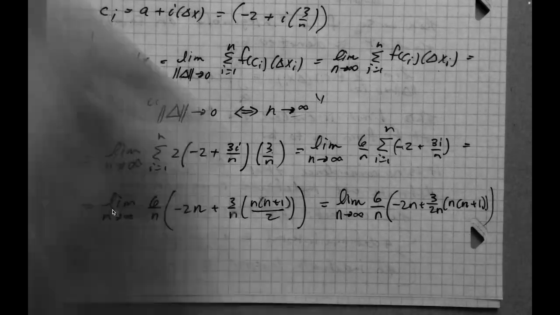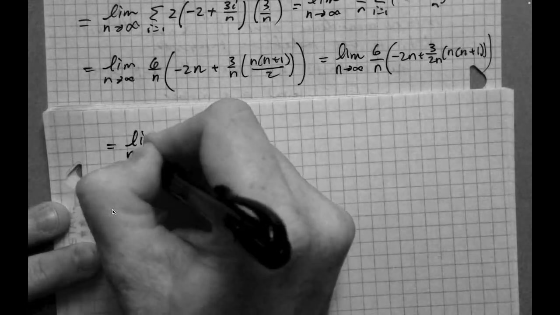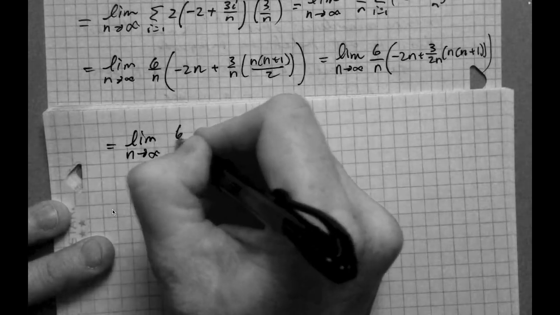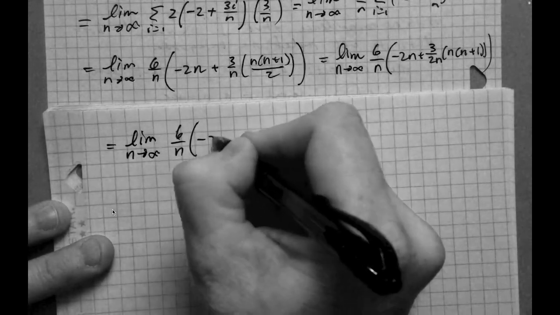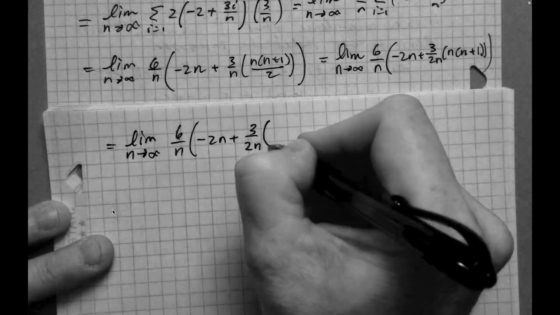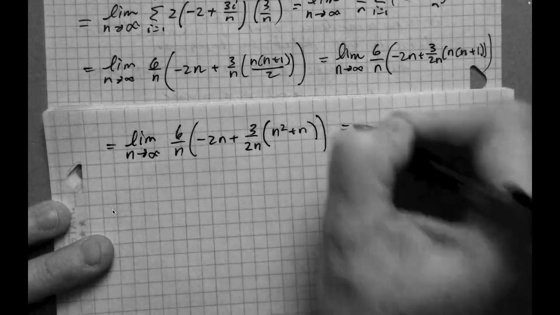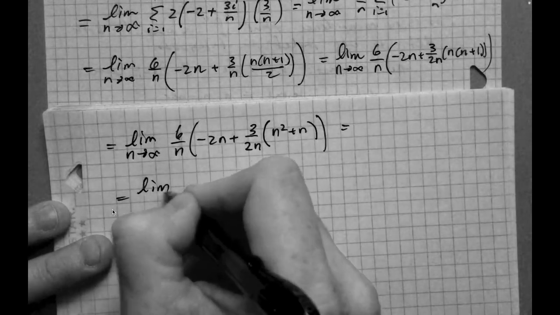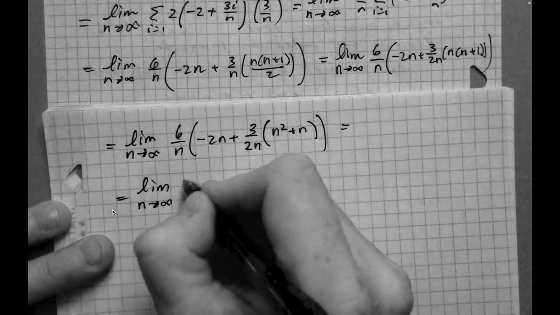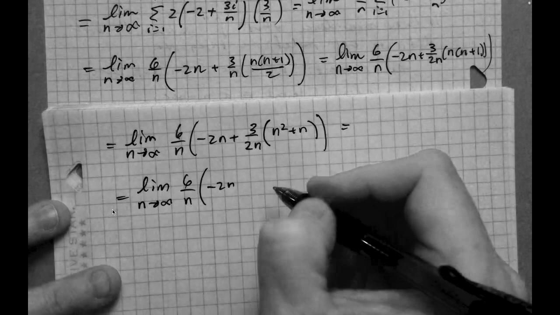Shoot. Okay, let's just throw this on the next page. So I've got -2n plus 3 over 2n, and then this will be n squared plus n. Probably could have done that in one step, but that's okay. It's good to take your time when you're doing this stuff, especially if you're learning.